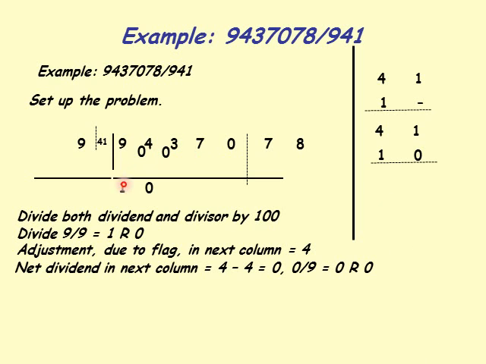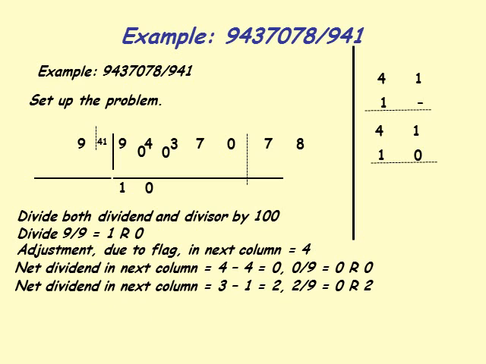So now we have 2 digits of the quotient, 1 and 0, and these are the most recent 2 digits of quotient. Flag is 4 and 1. So the adjustment would be 4 times 0 is 0, and 1 times 1 is 1. So we will be subtracting 1.